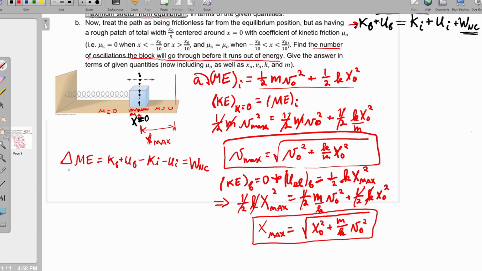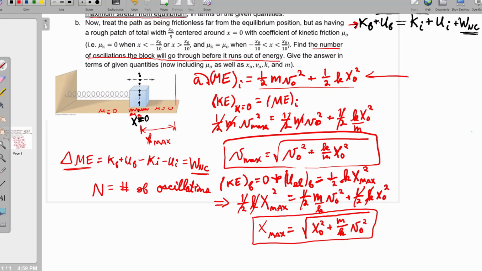Well, if we can find the work done by non-conservative forces in each oscillation, then we can take the total work done by non-conservative forces equal to n, say that's the number of oscillations, and as soon as the work done by non-conservative forces equals the total mechanical energy that it started out with, then we have expended all of our energy and the block will stop moving.